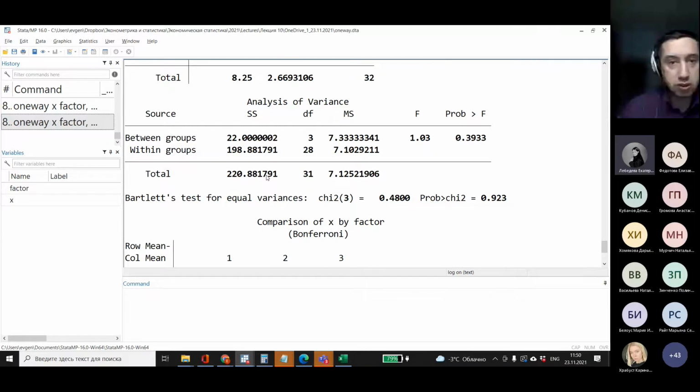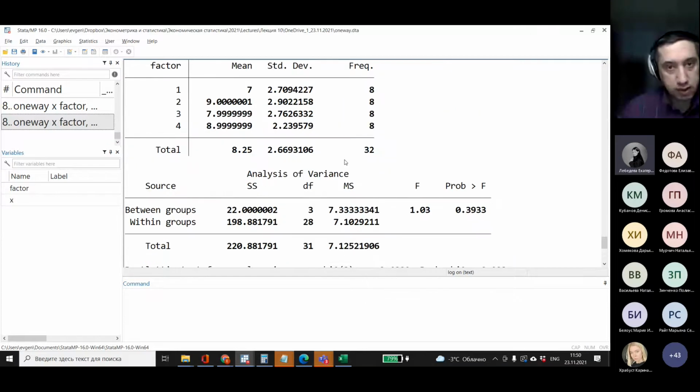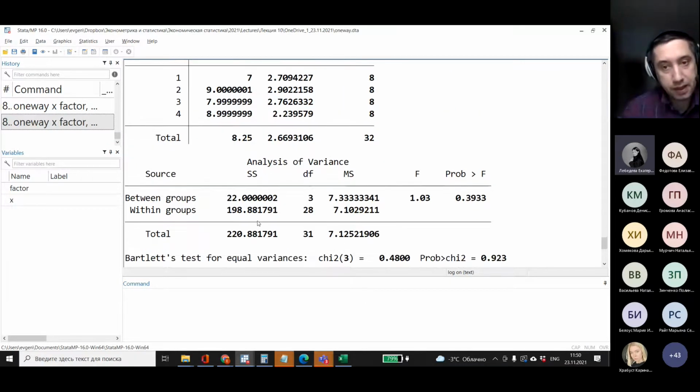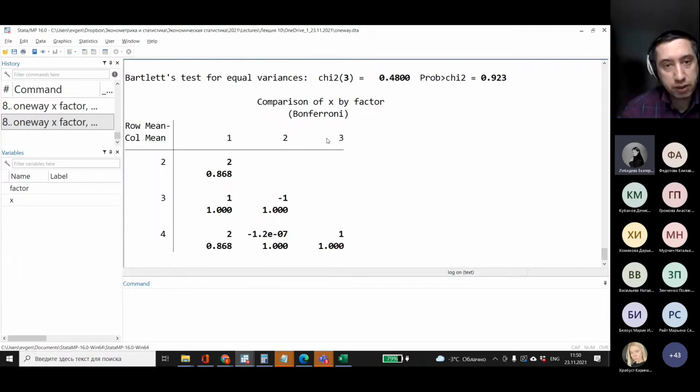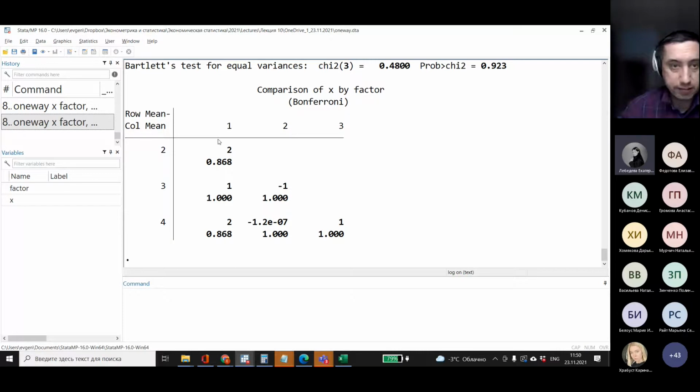in addition to summary statistics and analysis of variance, Stata will produce such a matrix. What is this matrix? 1, 2, 3, 2, 3, 4. These numbers are our levels. And these numbers show differences between means.